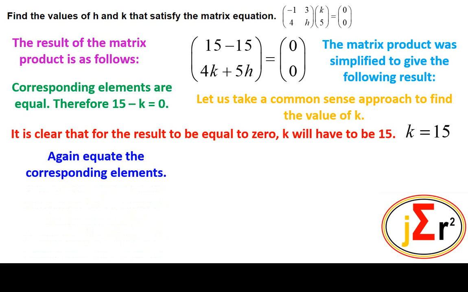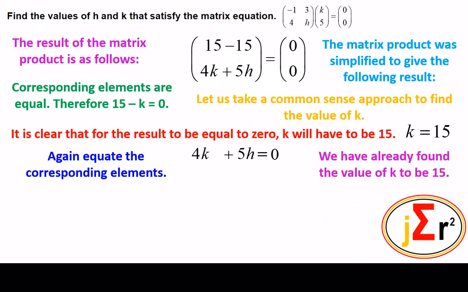Again, we will equate corresponding elements. 4k plus 5h will be equal to 0 because the last element of the first must be the last element of the second. Corresponding elements must be equal. 4k plus 5h will be equal to 0.